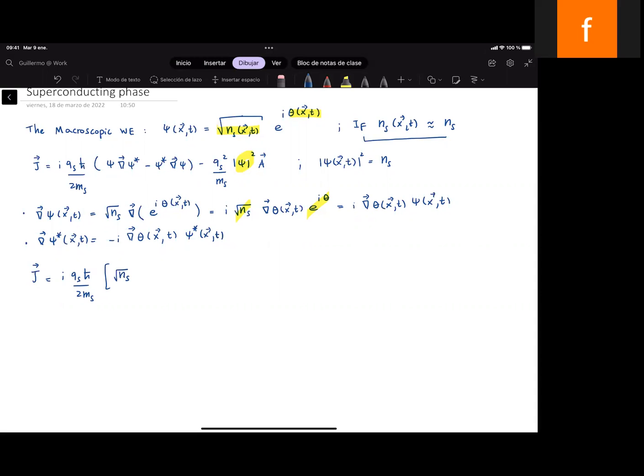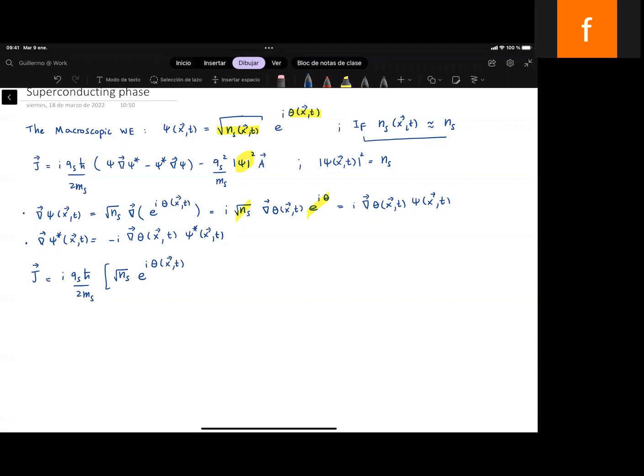So meaning we have minus i, the gradient of theta. Sorry, let me put everything together, okay? So we have psi, which is square root of n_s e to the i theta of x comma t.